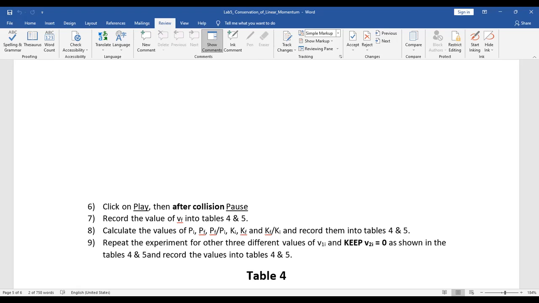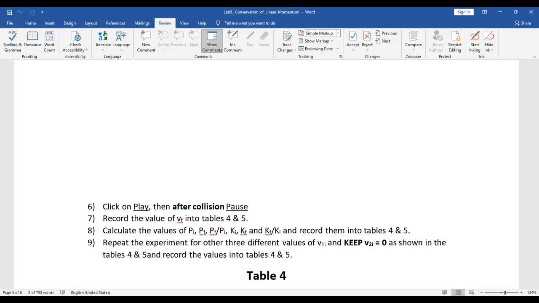M1 is 3 times 1.5 is 4.5. The final momentum is 3 plus 2 times 0.9, so 4.5. Then the ratio equals 1.